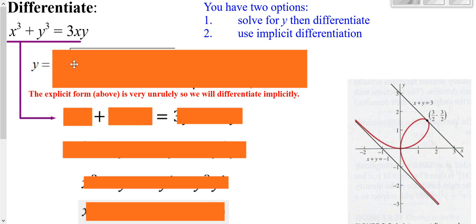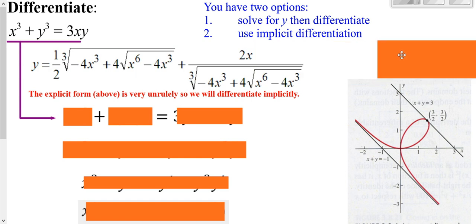But if you did get y on one side all by itself, you would get this big, ugly expression here and then this fraction here. Both of them have a square root inside of a cube root, and in this case, it's a square root inside of a cube root in the bottom of a fraction. Don't really think it would be fun to take the derivative of this. Could it be done? Yes.